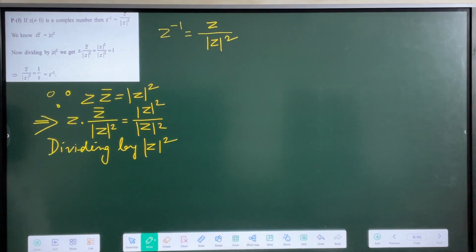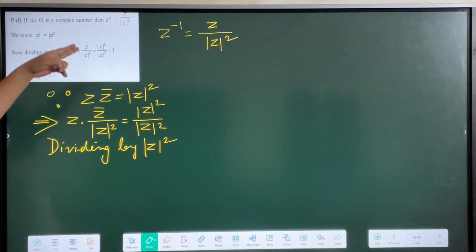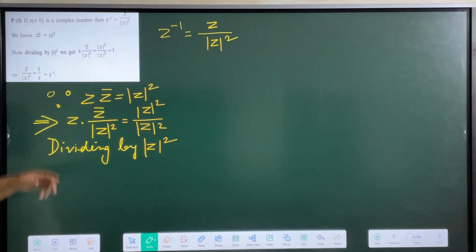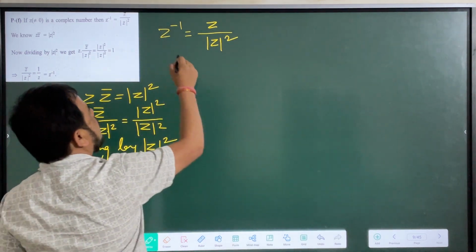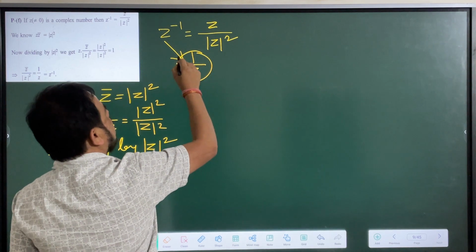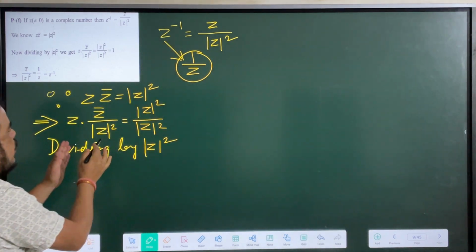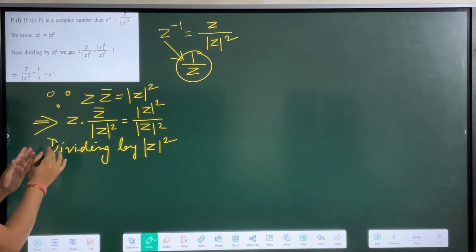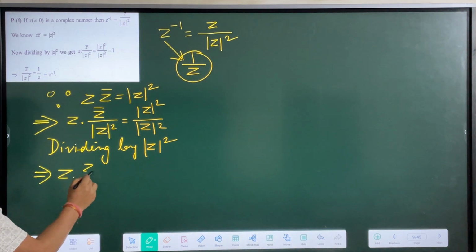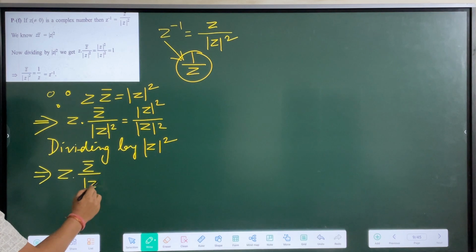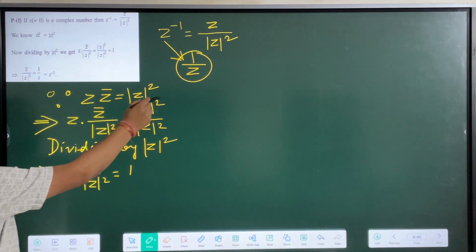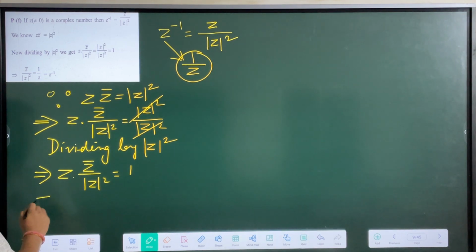Dividing by mod of Z square. What do we want to get? Z inverse. To get Z inverse, what we need? We need 1 by Z. If we don't get 1 by Z, then we will not get Z inverse. So we are trying to get 1 by Z. Look here: Z into Z bar by mod of Z square equals 1. This one cancels.